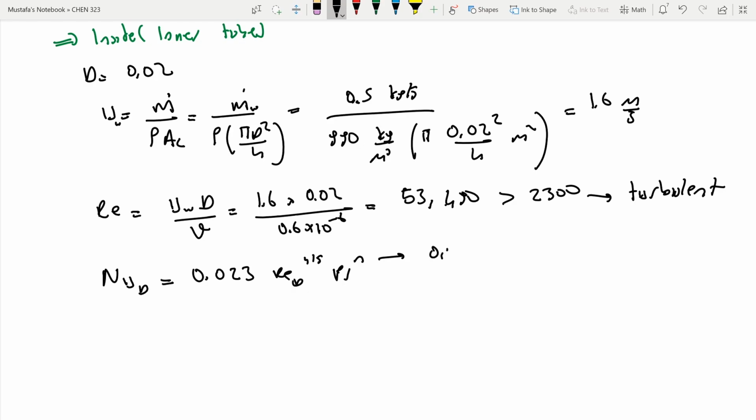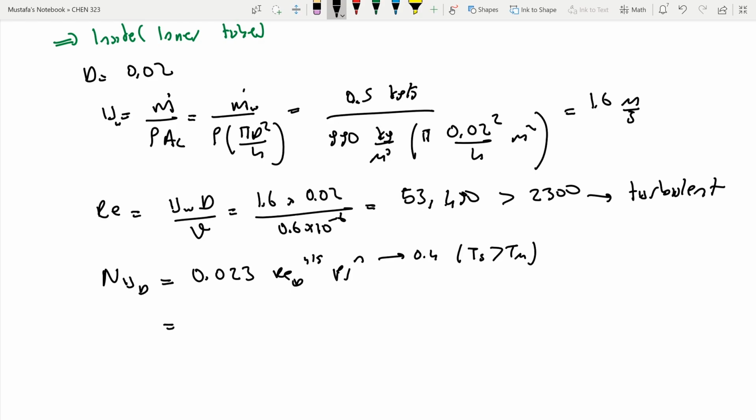N here is 0.4. This is for heating, similar to the mini exam. Basically, Ts is greater than T mean. Since water is cold and outside is hot, water is being heated, so n is 0.4 instead of 0.3. So you calculate the Nusselt number. You plug in everything.